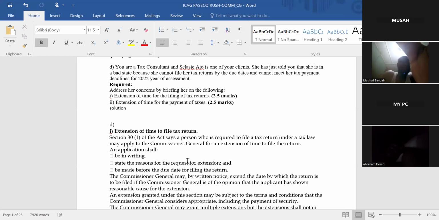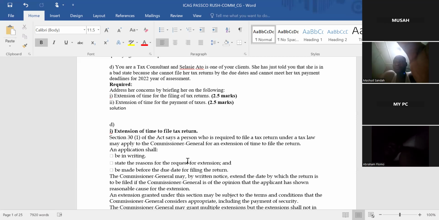So the Commissioner General may also respond by written notice. So you have written to him, and he has to respond whether or not he has accepted to grant you that extension of time to file your tax returns.